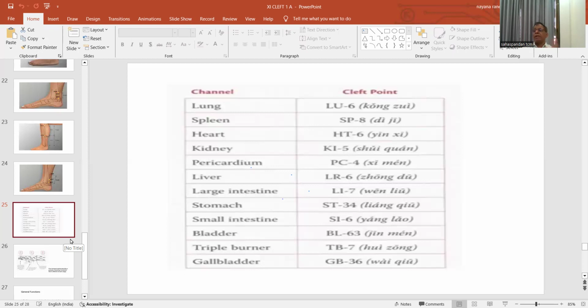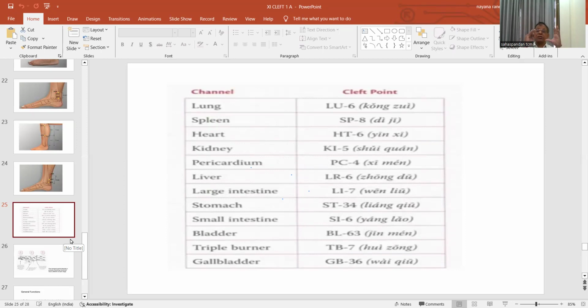Xi-cleft points have the ability to regulate the flow of qi in the channels. It is important to remember that they are by no means the only points with this ability. The type of flow regulation occurring at different points along the channel varies.